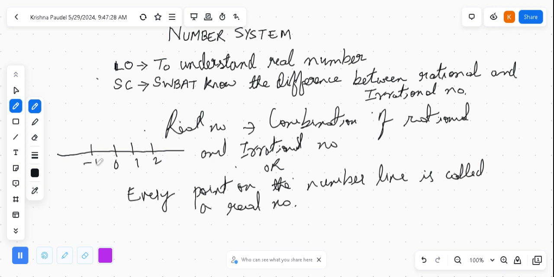Infinite means uncountable rational and irrational numbers we can get on the number line. So the definition of a real number says that a combination of rational and irrational numbers turns out to be a real number. So every point that we get here on the number line represents a real number. So here the points are either rational or irrational numbers. That's why a combination of rational and irrational numbers is called a real number.